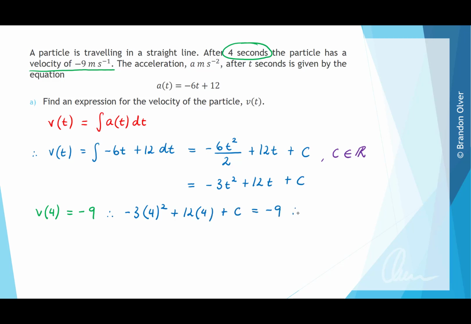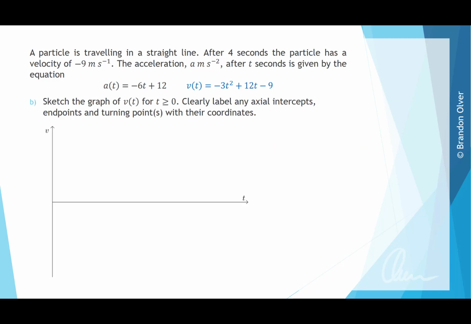When you solve that equation, you find that c equals -9. Therefore, our expression for the velocity is v of t equals -3t squared plus 12t minus 9.